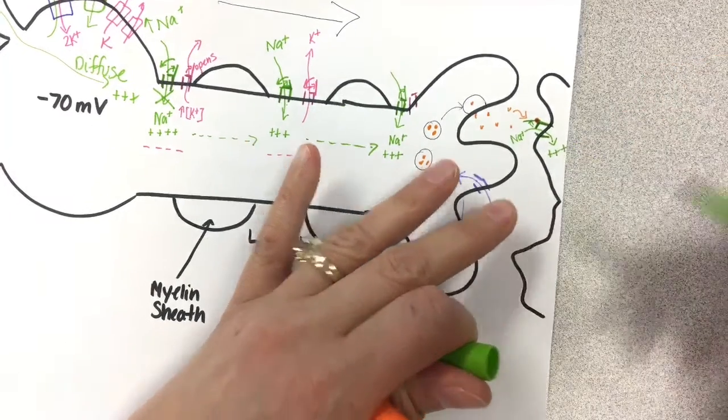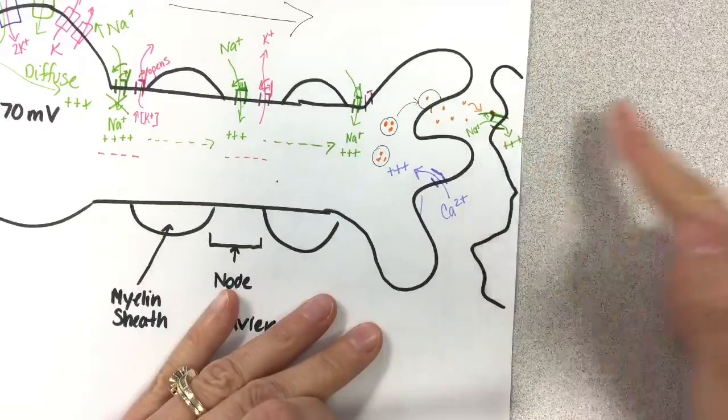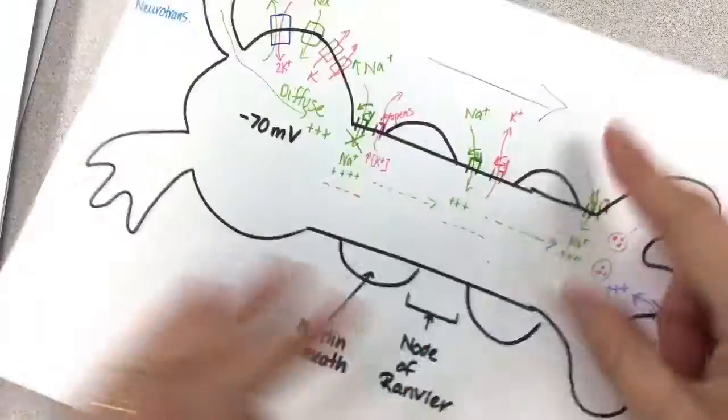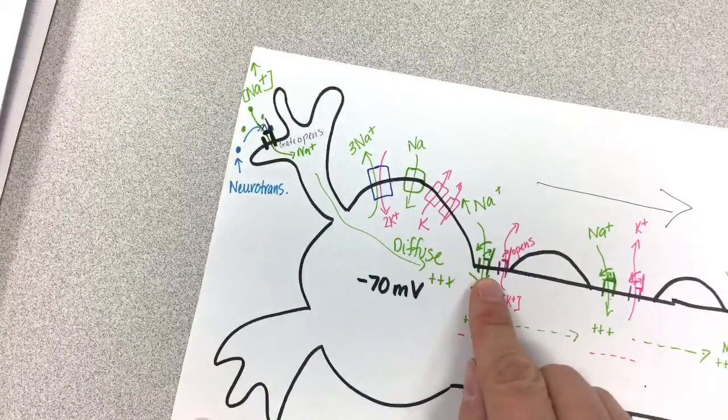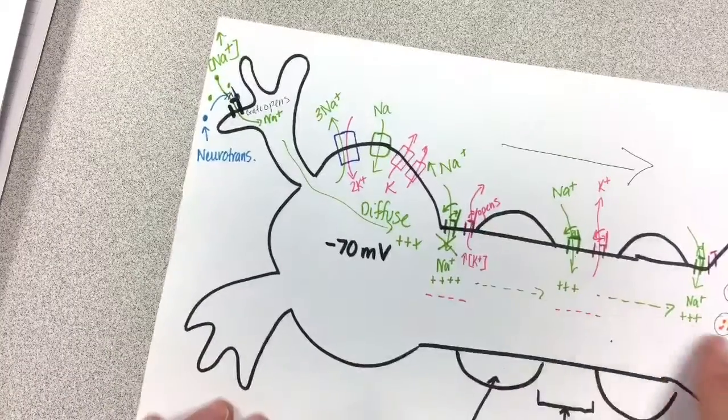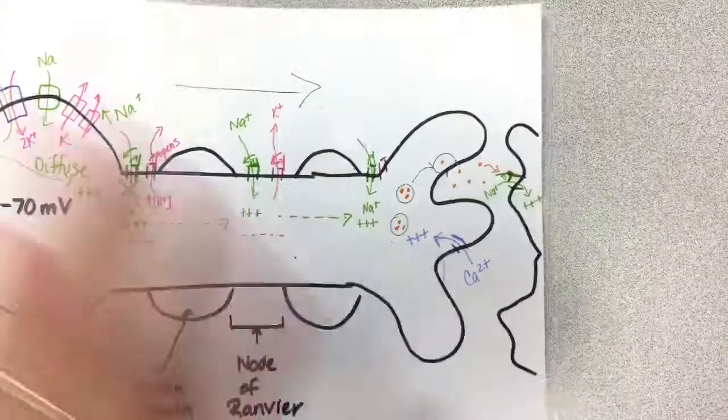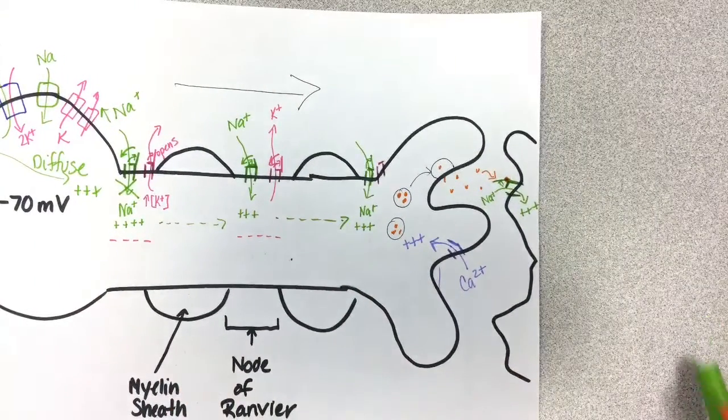Inside the cell becomes more positive. That's going to trigger then the first node, which is like this part here, just happened here. Sodium at the first node to open up, and the whole thing happens all over again. So that's how that relates to our big picture here. All right, and that is the end of the nervous system.